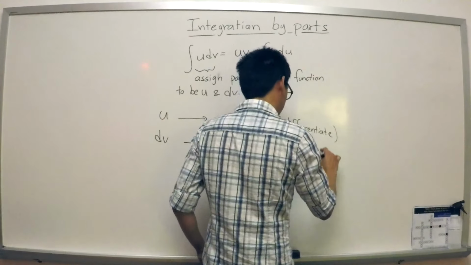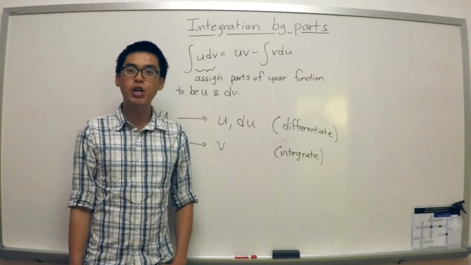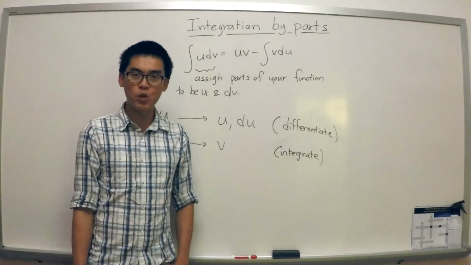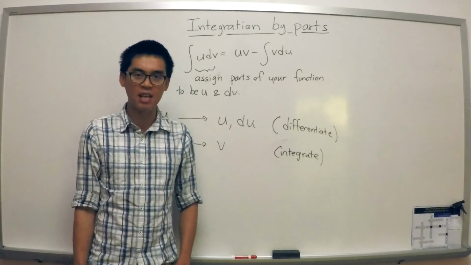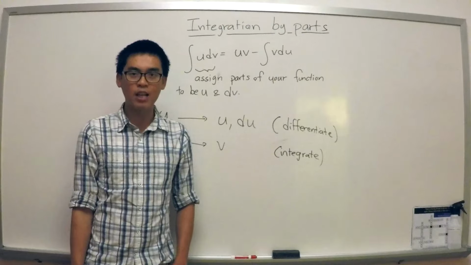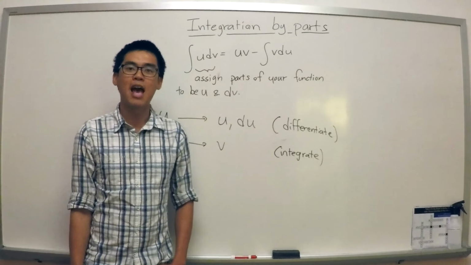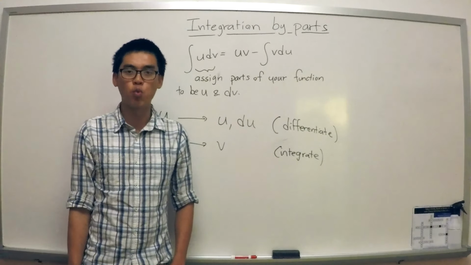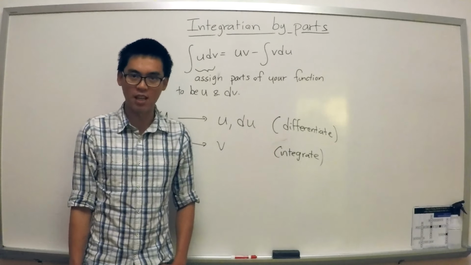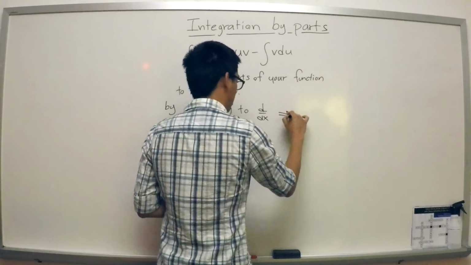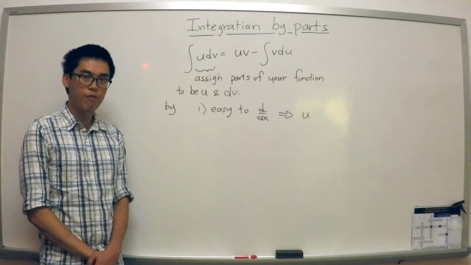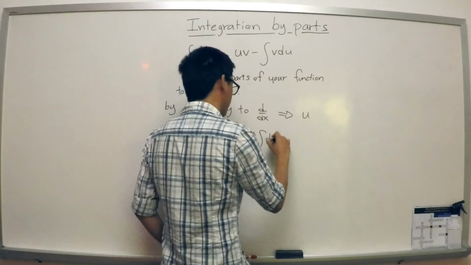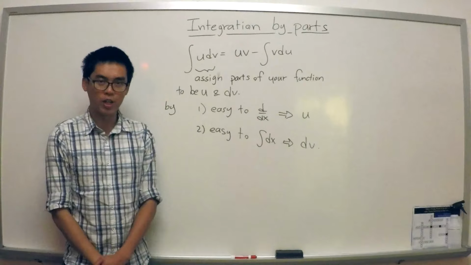So the rule of thumb is: select the part of your function that is easy to differentiate to be u, and the part that is easy to integrate to be dv.